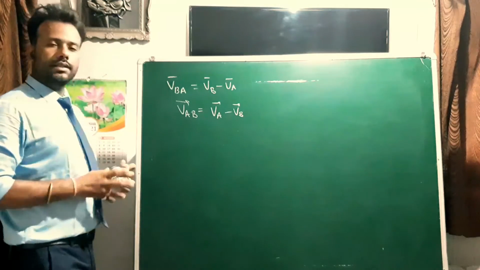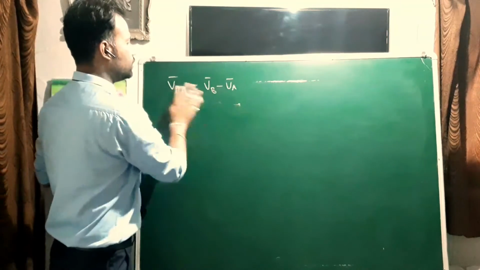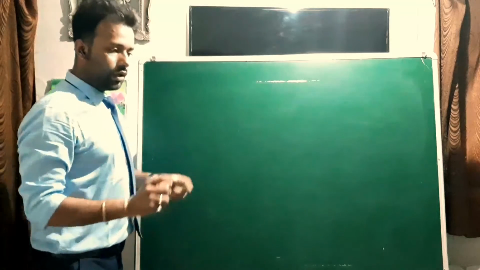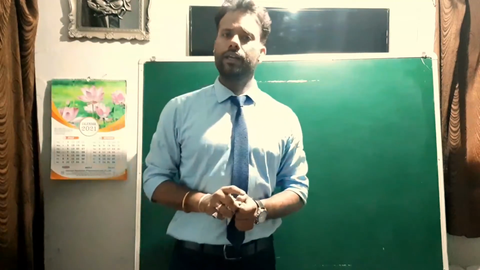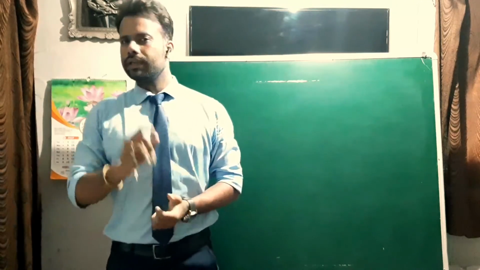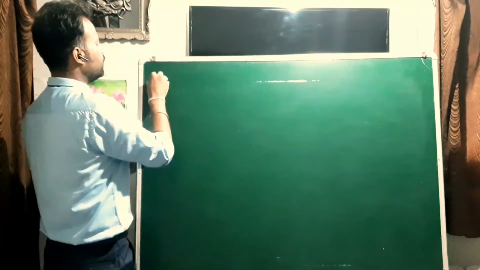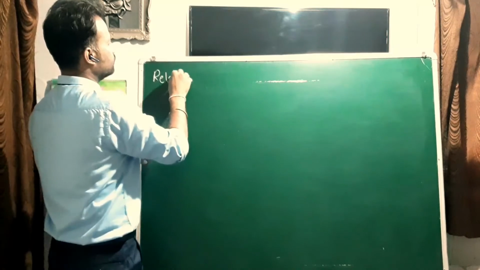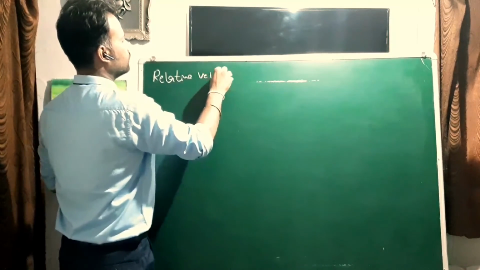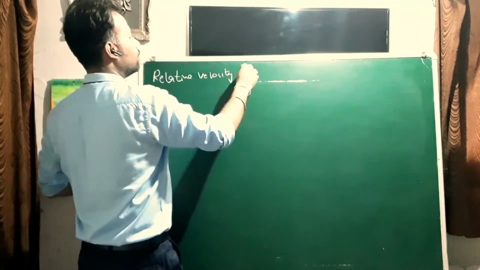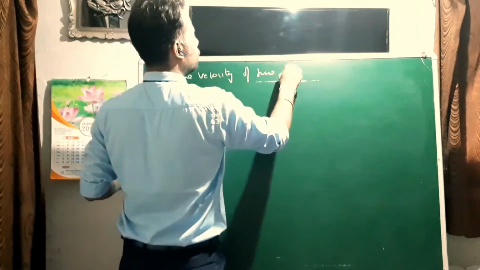So let's see one more case in which two bodies, or we can say two motions, are inclined to each other at an angle theta, right? So relative velocity of two inclined motions.